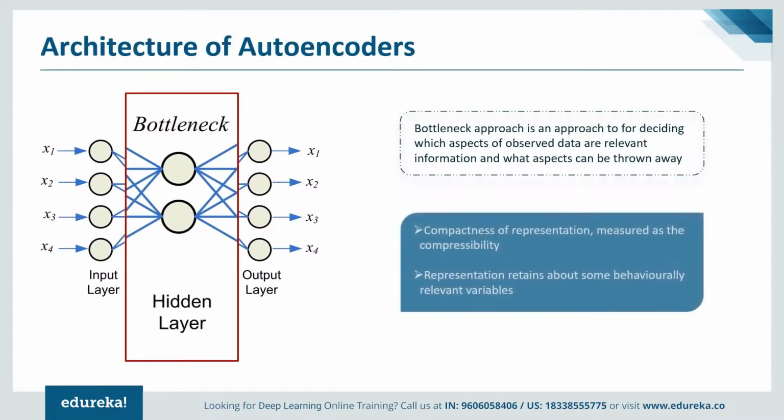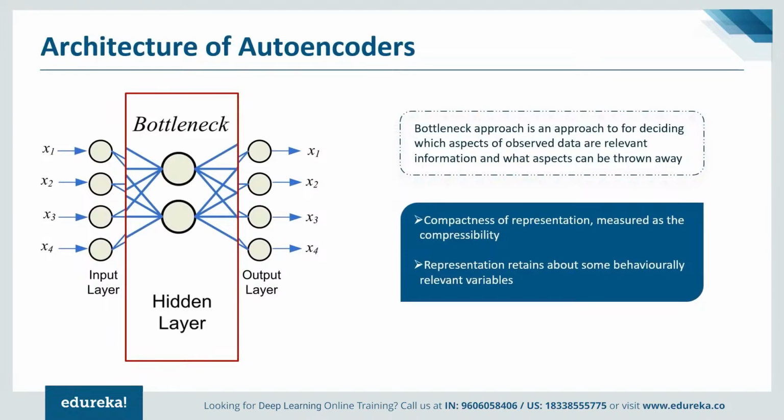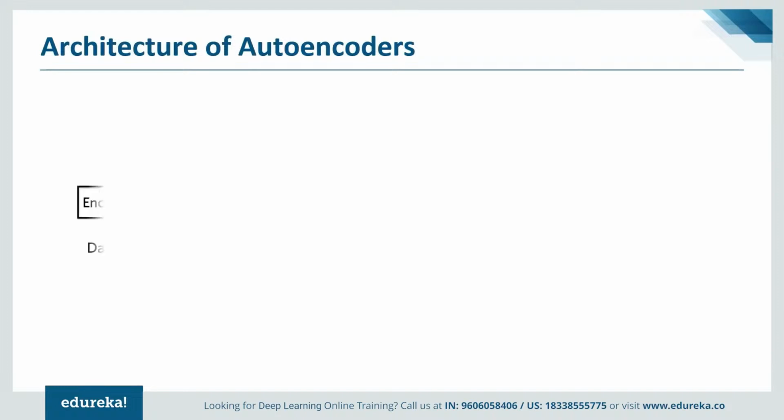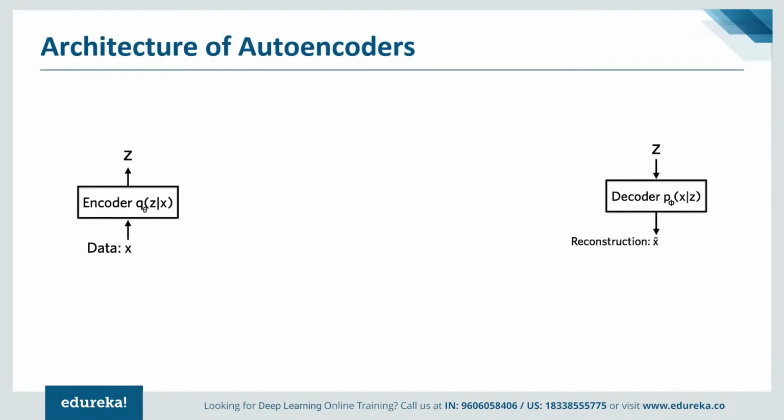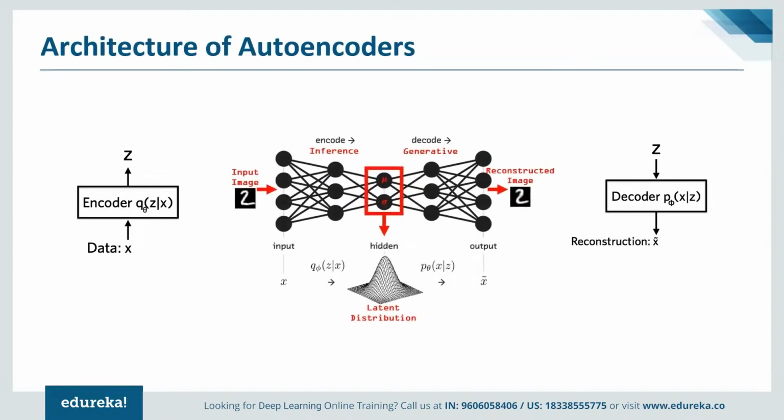It does this by balancing two criteria, that is, the compactness of representation, measured as the compressibility, number of bits needed to store the representation, and the second one, information the representation retains about some behaviorally relevant variables. Now it assumes we know what the behaviorally relevant variables are and how they are related to observed data, or at least we have to have data to learn or approximate the joint distribution between observed and relevant variables.